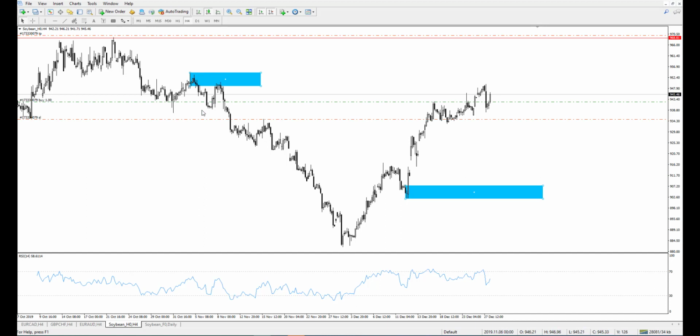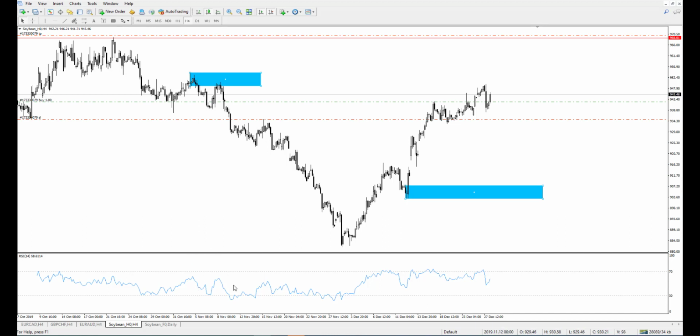I'll wait for price to get into my zone, then I'll come to my RSI indicator, and I'll be looking for divergence. Then and only then can you have a successful or high probability divergence trade.